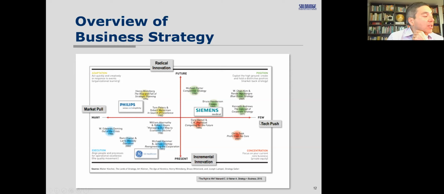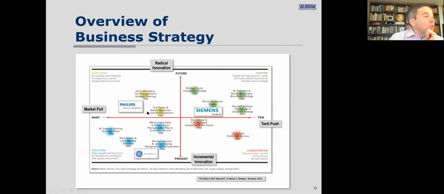Another dimension is whether it's more of a market pull, whether there are many inputs into the marketing decisions. So you get customers, you get the market information, you're pulled from the market, or if it's a technology push type approach where you have a technology, you try to push that onto the market. So push or pull strategy or a future present based strategy. So that's a 2x2 matrix.